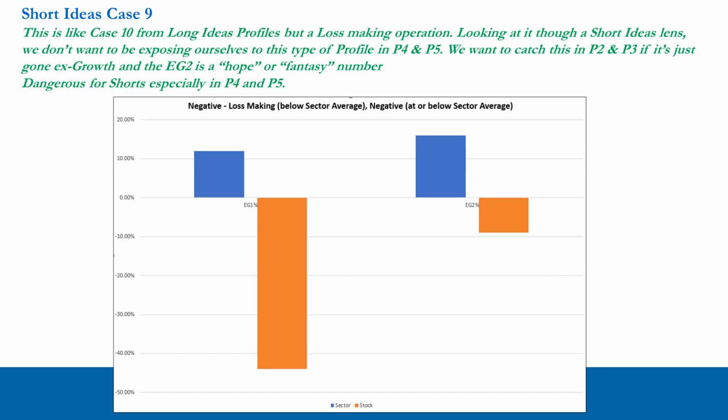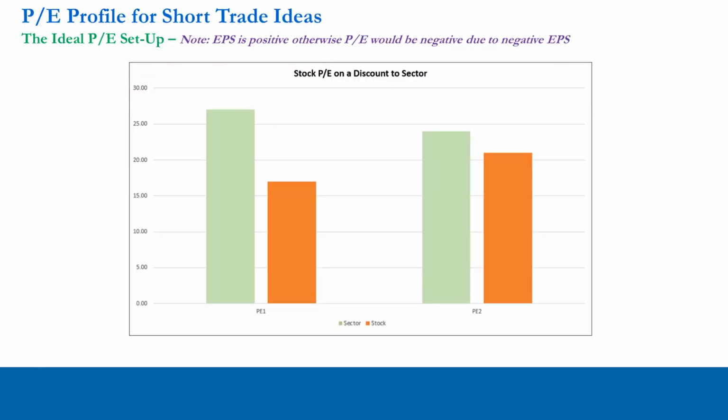Now, when we think about our price earnings ratio backdrop, if you recall our ideal PE setup for short trade ideas. So we have positive EPS, therefore a positive PE. And in both period 1 and period 2, we have the stock PE on a discount to the sector.